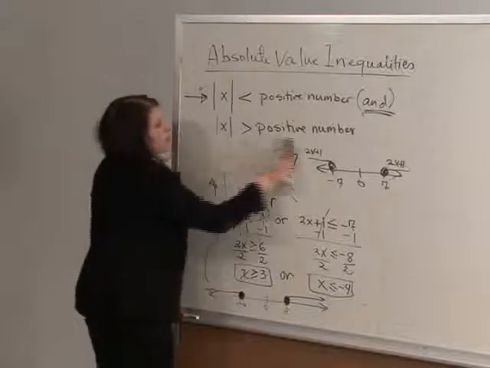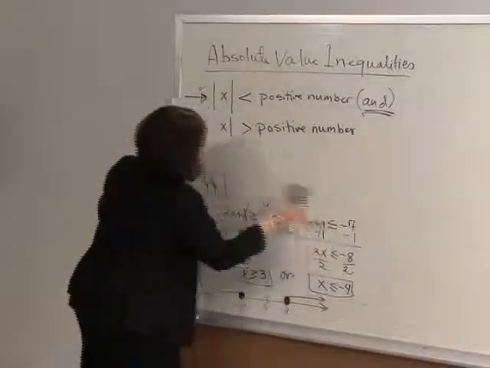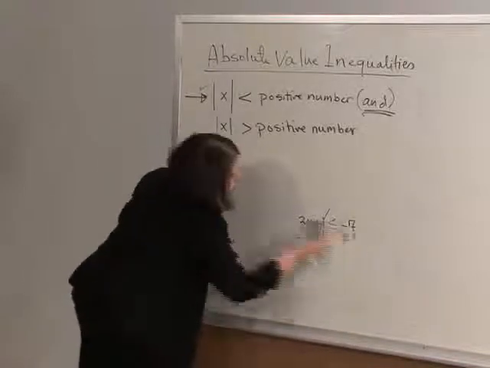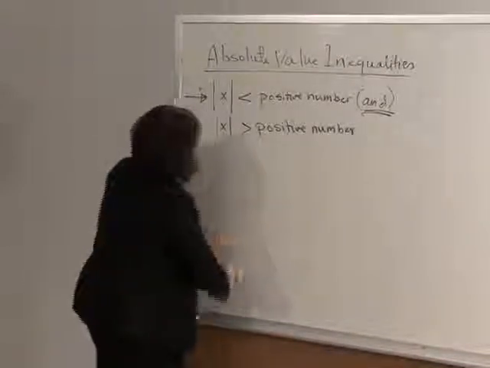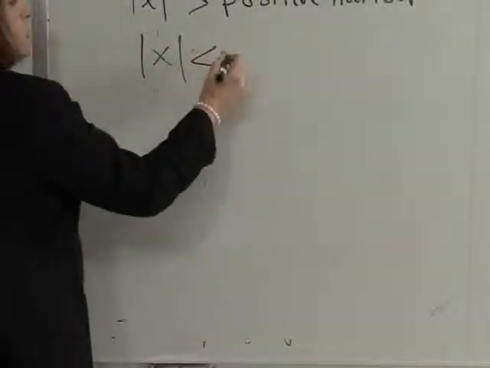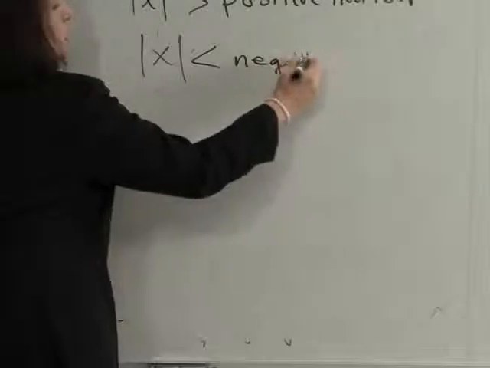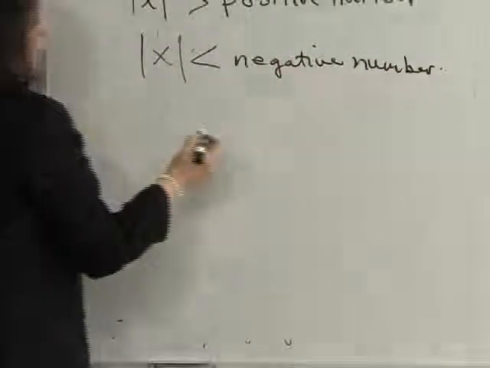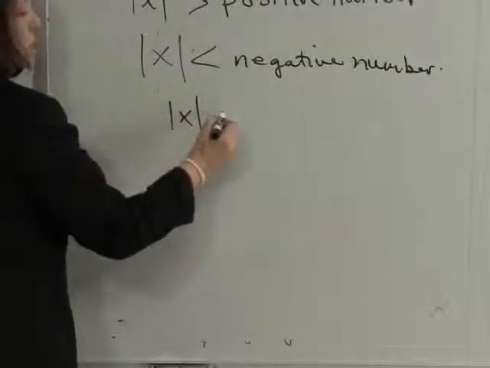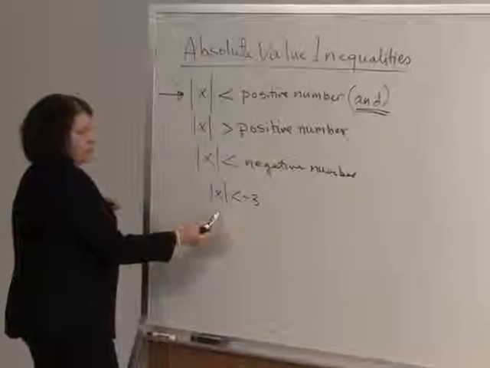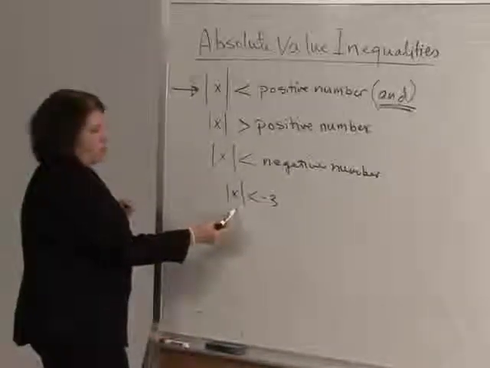And the two trivial cases that we're going to look at, where you can tell what the solution is right away without solving them, like those first two cases, is if you think, I have the absolute value, and it's less than a negative number. Let's look at an example. So if you have the absolute value of x is less than negative 3, for example, imagine that this side, the absolute value, is a positive number or 0.